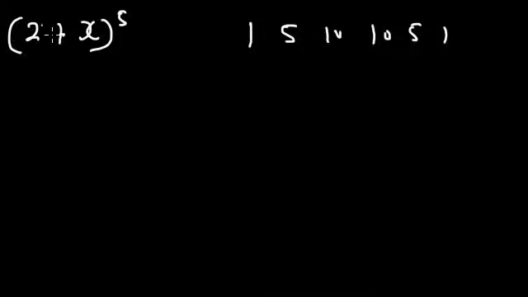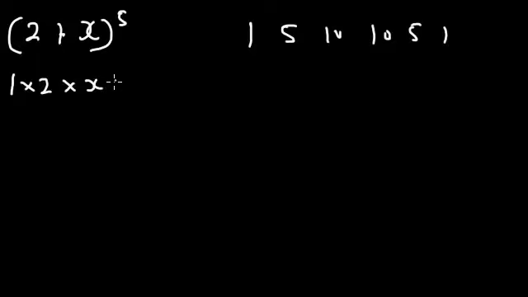So now to find the expansion, you will be taking each of these values one after the other. So let's start with 1, then you multiply it with the first term you are seeing here, that's 2, then multiply with this one as well, times x. Perfect.